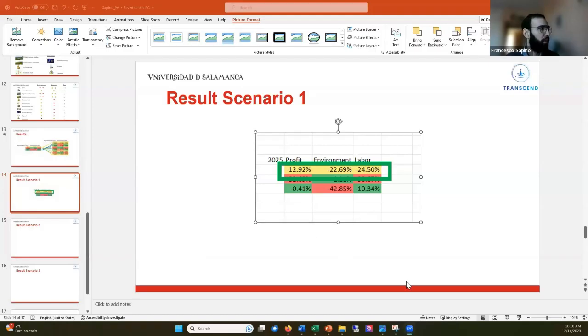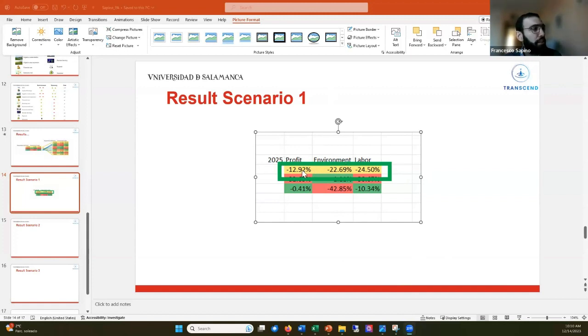Share. Okay, so you have selected strategy 2, actually, that has this outcome. So in 2025, with what you have decided to allocate your resources, you will have an impact in profit that will decrease a bit, not very much.